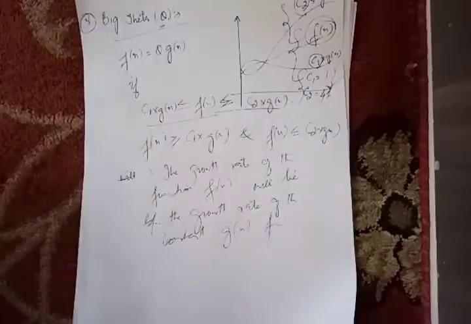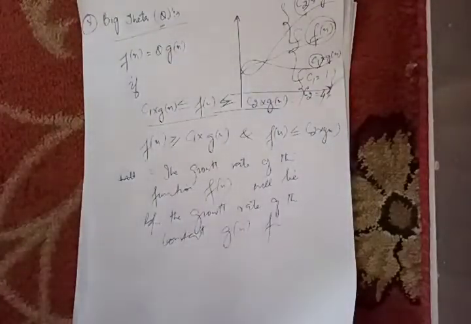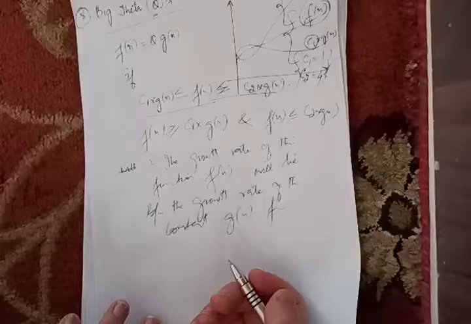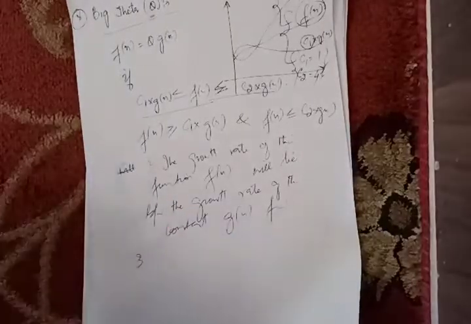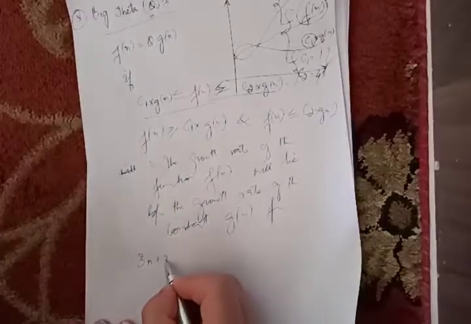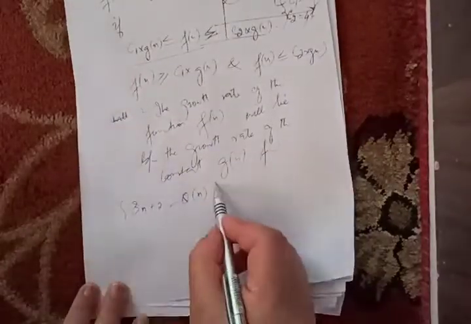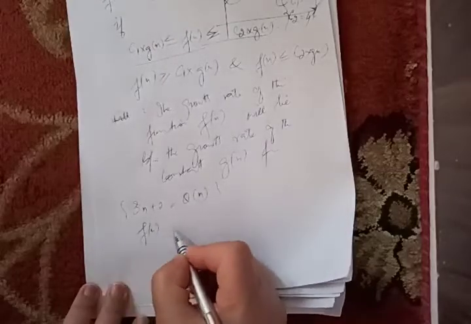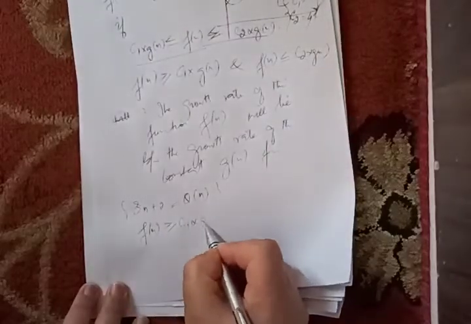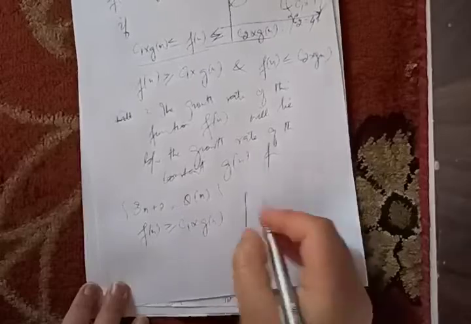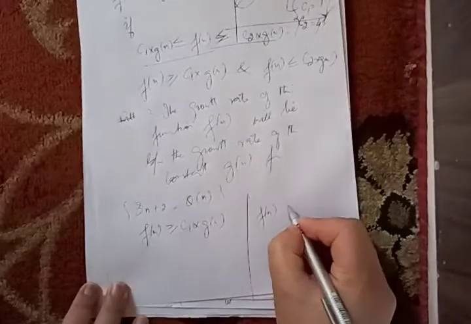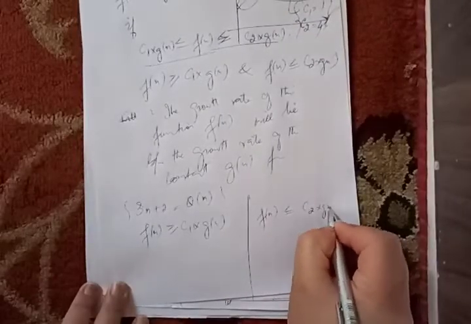So again we will take an example and we will understand this. Take the same example, 3n plus 2 is equal to theta of n. So that means for this you have to check both, that f of n should be greater than or equal to constant 1 times g of n, and you have to check that f of n should be less than or equal to constant 2 times n.